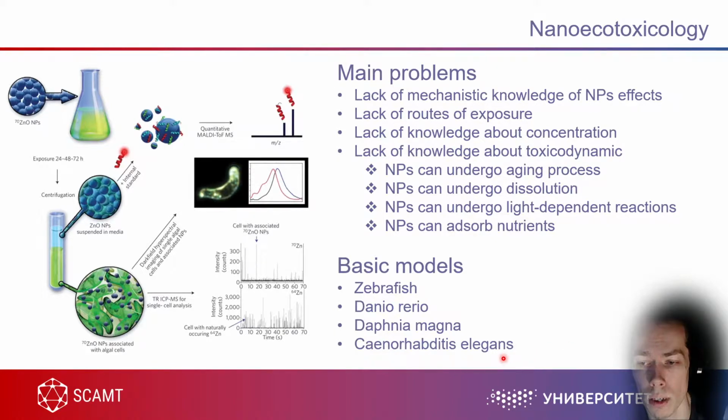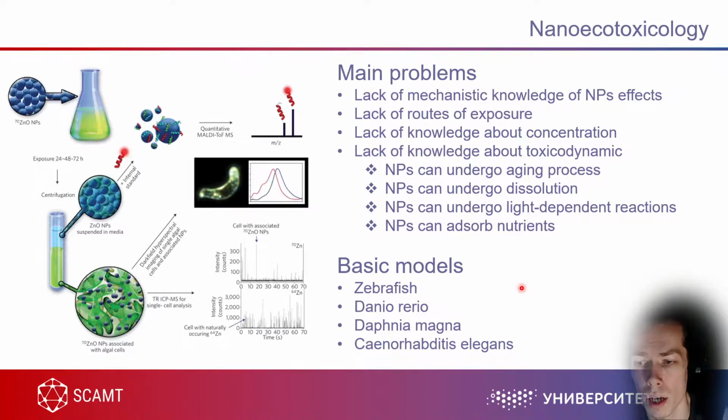And these in vivo systems, all of these base models, are very well studied. Scientists know everything about these organisms. But when we are talking about nanoparticles, usual toxicants are usually molecules. So molecules of some kinds, or maybe some metals in ion forms.